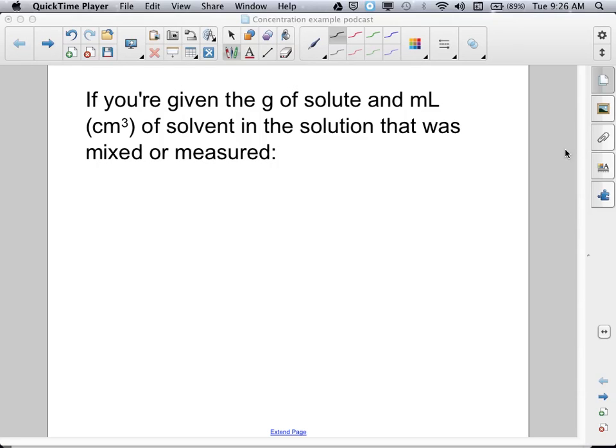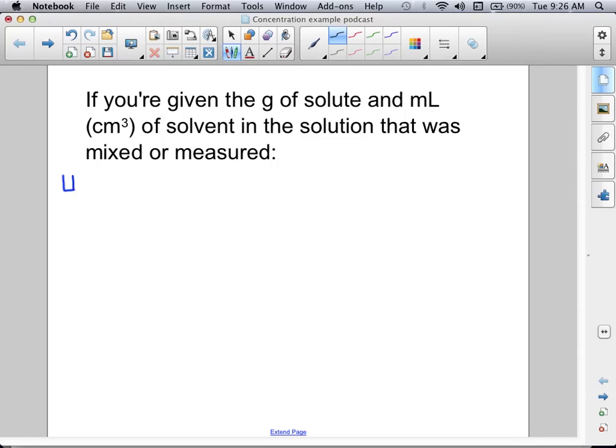The first kind of problem that I want to go over is if you're given how many grams of solute and how many milliliters or centimeters cubed, remember they're the same thing, of solvent in the solution that was mixed or measured. This would be like number 4 on your practice problems.